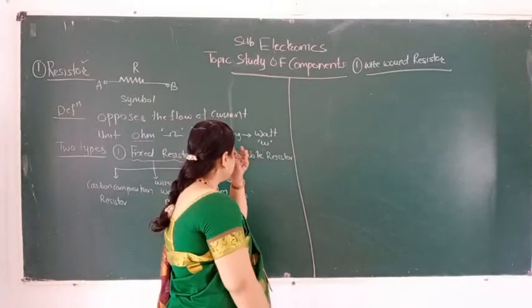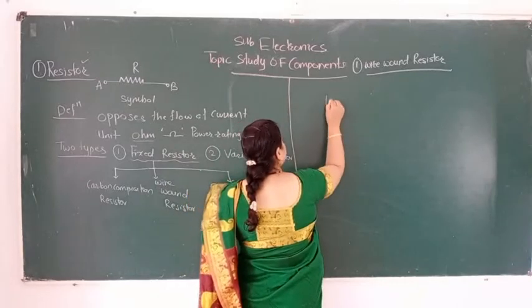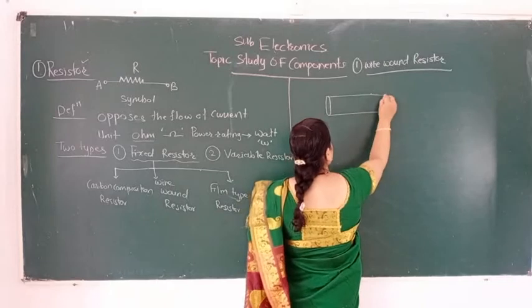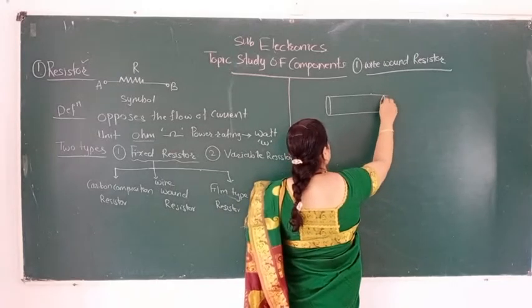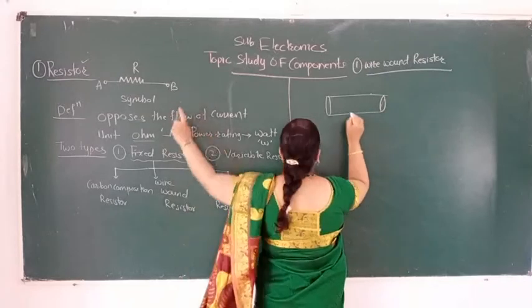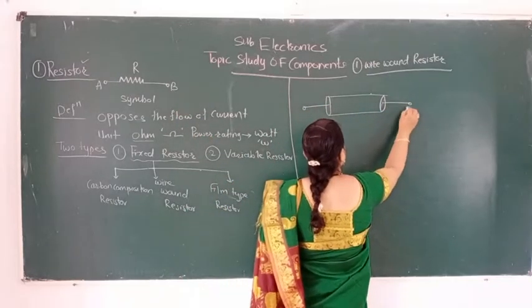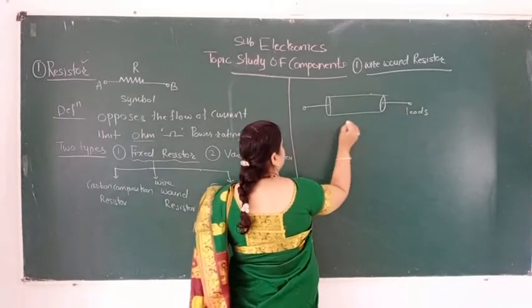So first is the wire wound resistor. The diagram for it is like this. There are two terminals for the resistor, two terminals or two leads. It is called leads or terminals.